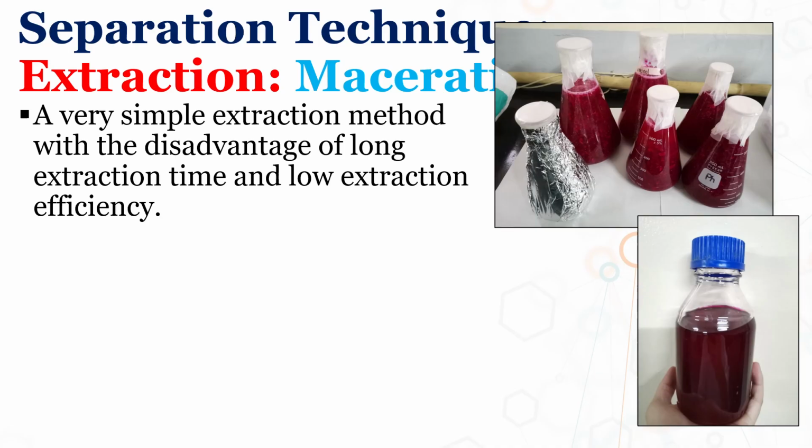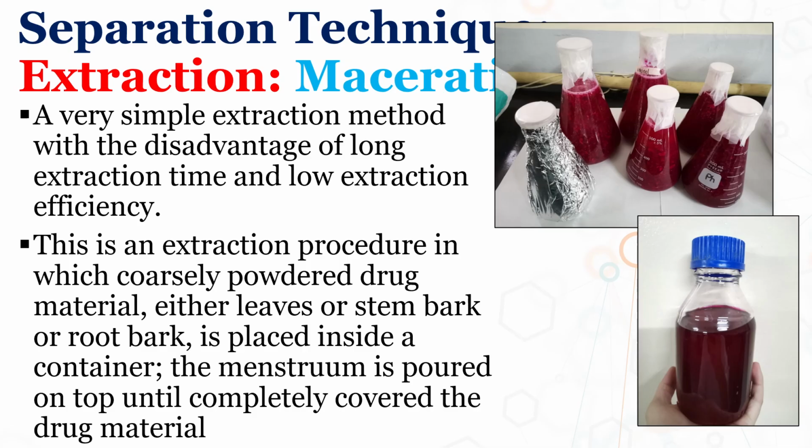So he macerated it, and then after a few days, removed the solid portion, or the solid part. So if you filter, the filtrate or the liquid part is where the compounds are. So this is an extraction procedure in which coarsely powdered drug material, either leaves or stem bark or root bark, is placed inside a container.